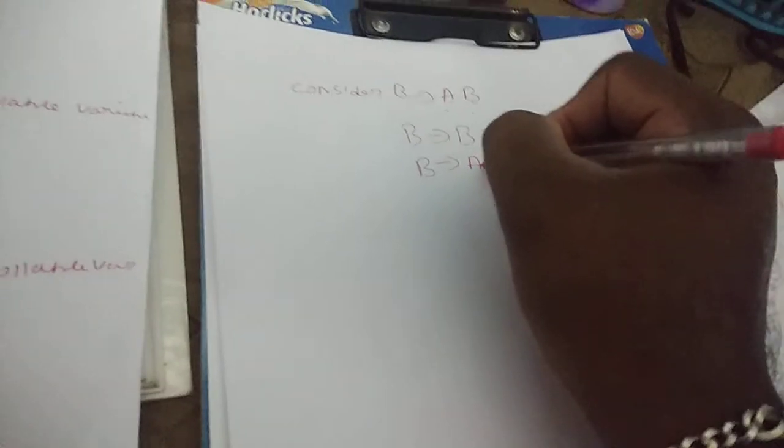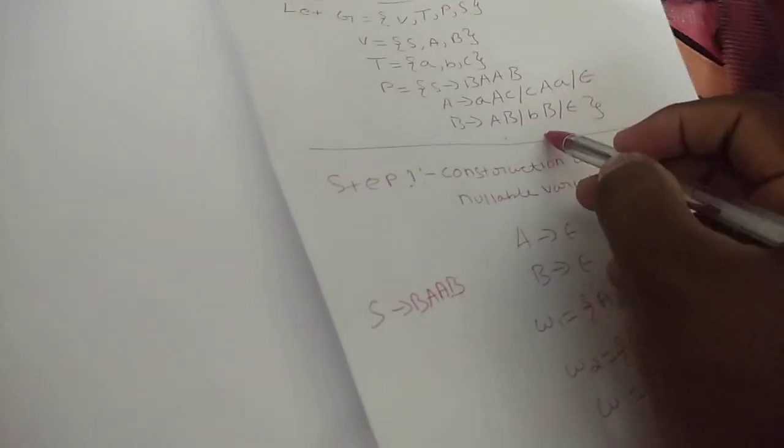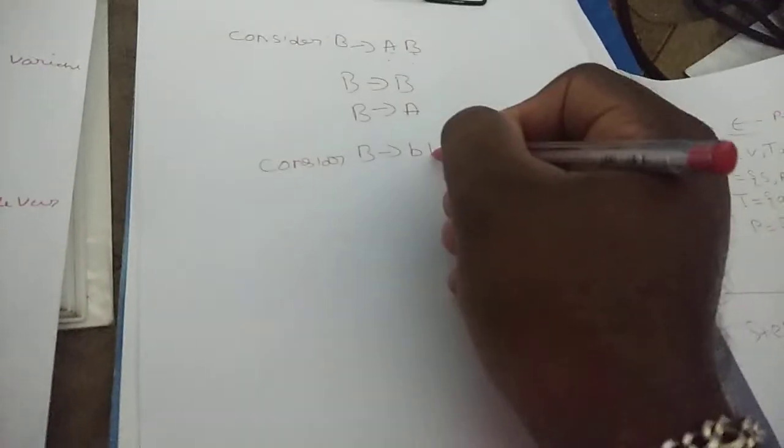Then consider the other transition for B. We have solved for this; we have to solve for this. B tends to BB. Write down B tends to B. B is a nullable variable.